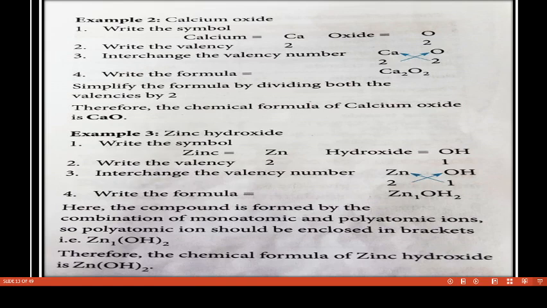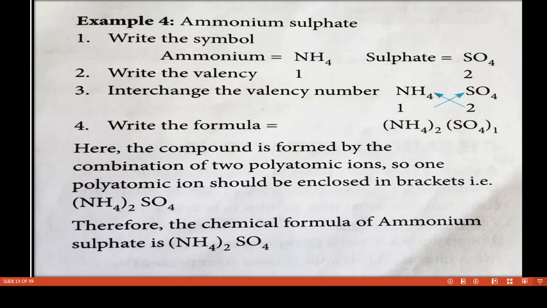Okay students, now another formula. See ammonium sulfate. This ammonium sulfate has 2 polyatomic ions. The compound is formed by the combination of 2 polyatomic ions. So first write the symbols: ammonium NH4, sulfate SO4. The valency of ammonium is 1, the valency of sulfate is 2.